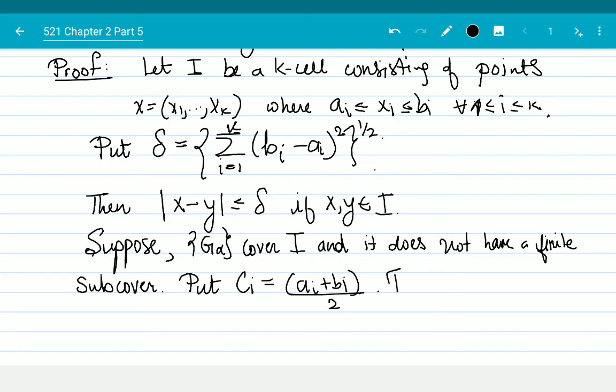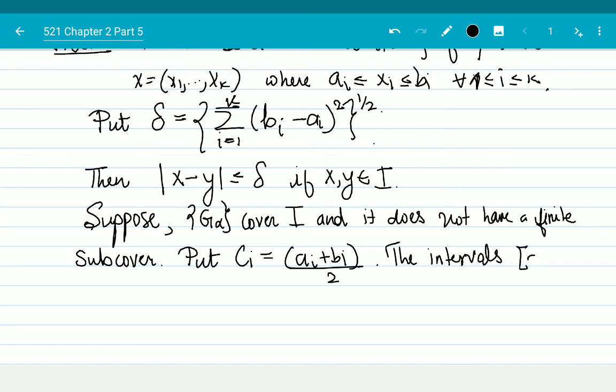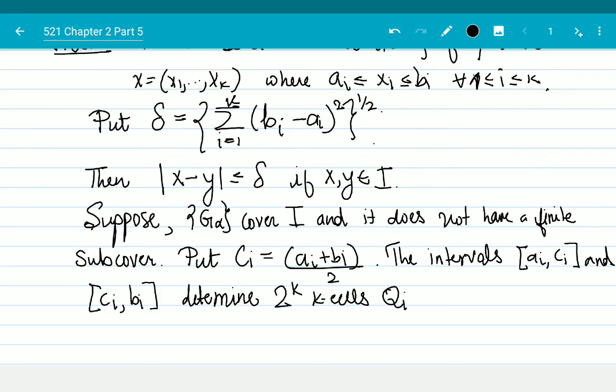Then the intervals [ai, ci] and [ci, bi] break this big cell down into 2 to the k small cells Qi whose union is I. Okay.